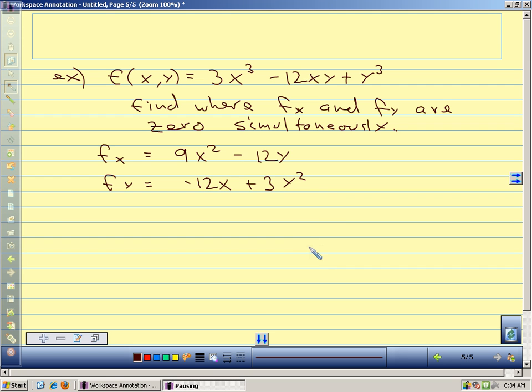And we want these to be 0 at the same time. So I'm going to use the first one to solve for one of the variables, and we'll substitute. So we have 9x squared minus 12y equals 0.